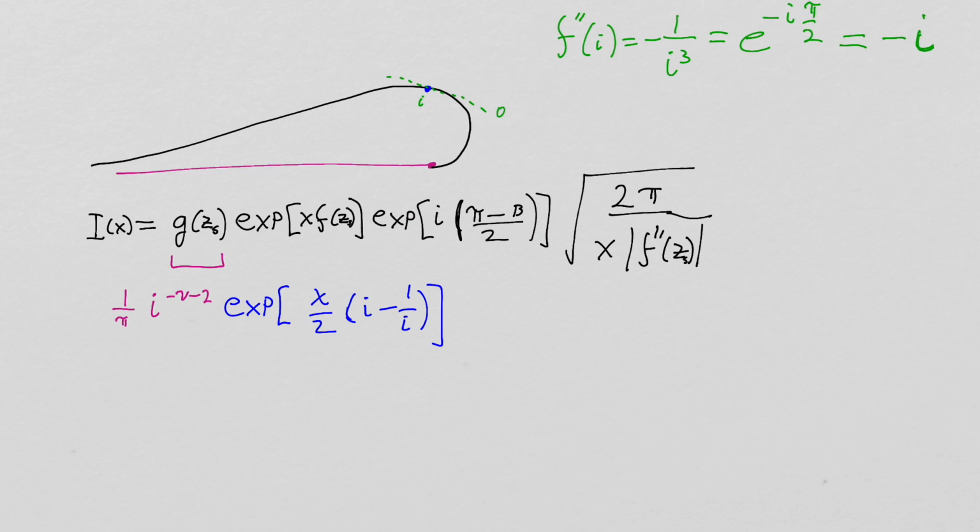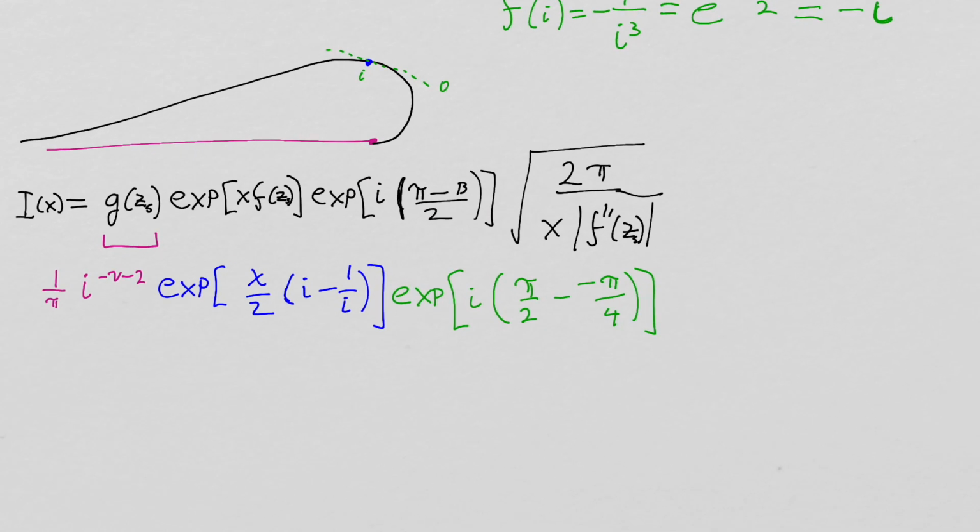So we make that substitution, and so we get pi over 2 minus pi over 4. This pi over 2 is this pi over 2. Beta is minus pi over 2, so that's minus pi over 4.